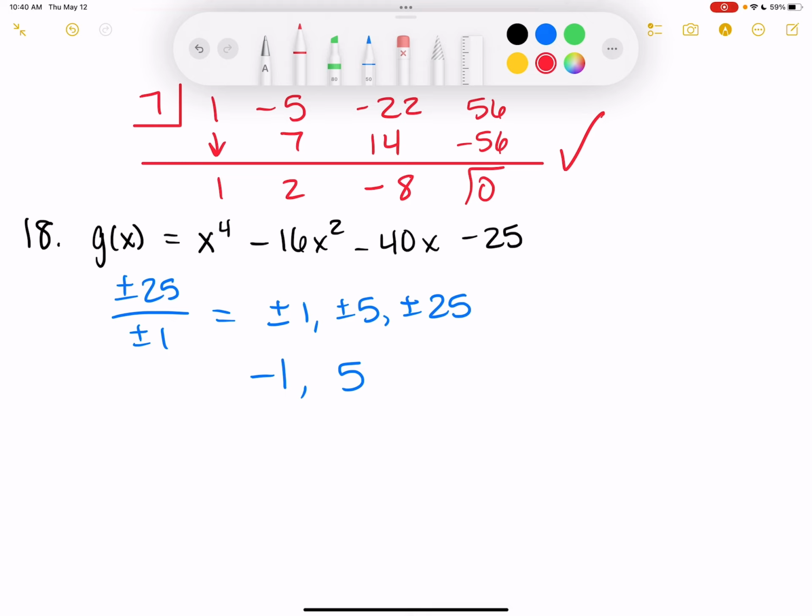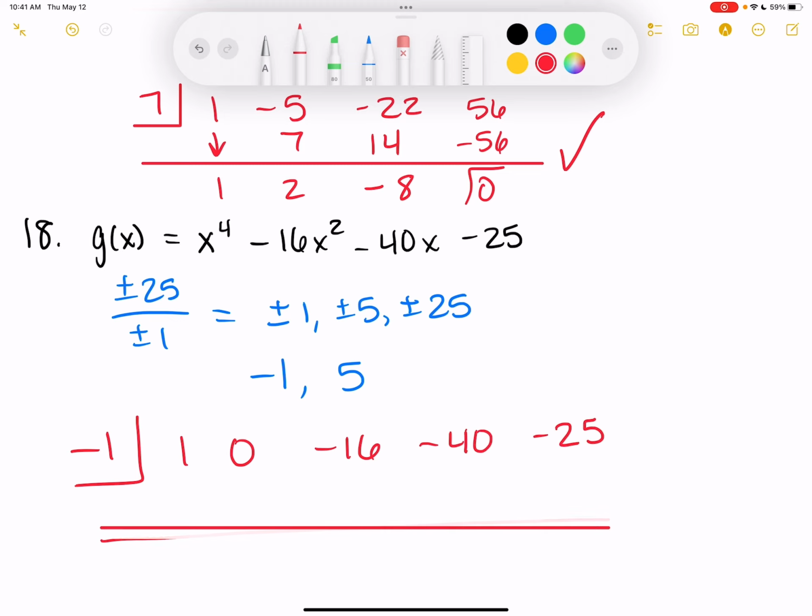Negative 1. All right, they're backwards. Now we said we're missing something, so make sure you put that 0 in. I don't know why I'm complaining about a 0. It's literally a 0. I almost forgot it though. It's like there could be a bigger number. Negative 15.